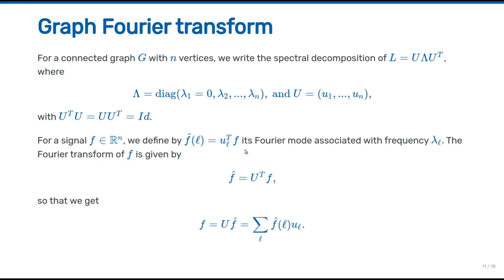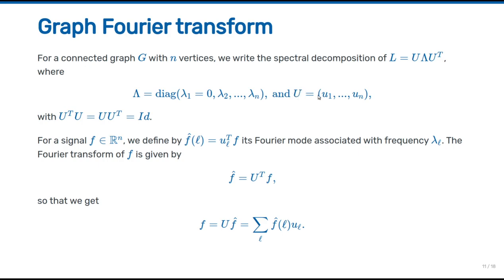So let me summarize in one slide what Fourier analysis consists of on graphs. If you have a connected graph, so only one eigenvalue equal to 0 for the Laplacian, you take the Laplacian, where Lambda here is a diagonal matrix containing the eigenvalues of the Laplacian, lambda 1, lambda 2, ..., lambda n, ordered in increasing order.